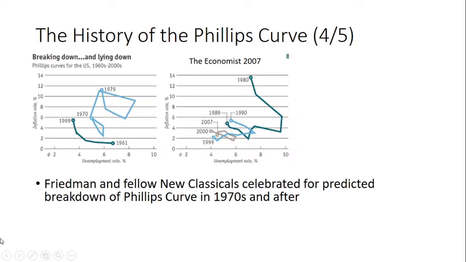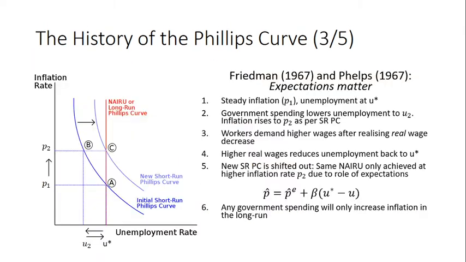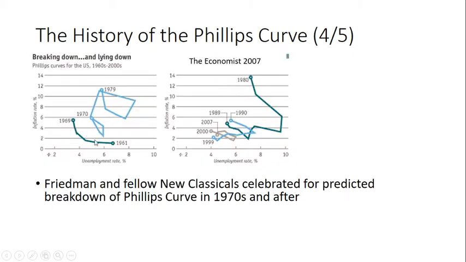Okay, so given this framework and this argument that Friedman was putting forward already in the 60s, they were very much celebrated when the prediction that this Phillips curve may not be as monotonous and predictable as many expected before their arguments proved correct in the 1970s.